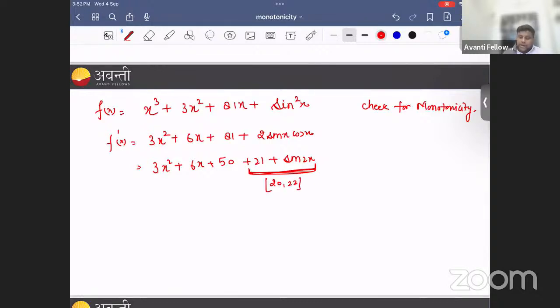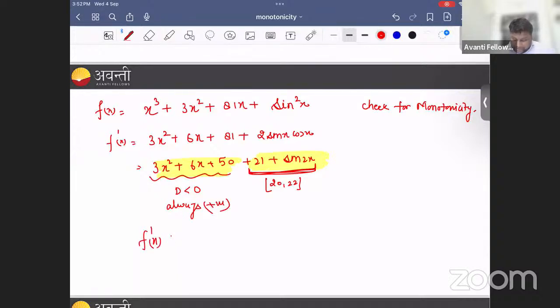Yes or no? And now for this quadratic function, if you check its D is negative. So for a quadratic, if D is negative, that quadratic becomes always positive. So this is always positive. This is lying between 20 to 22, means this is also always positive.